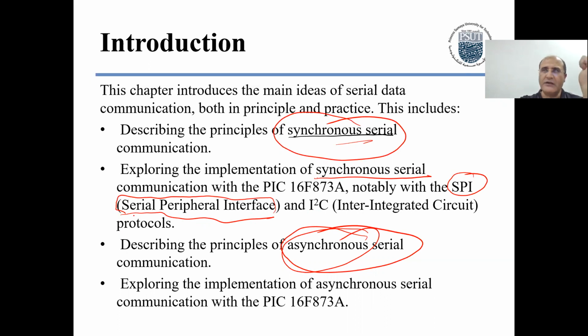National Instruments also invented almost the same protocol at almost the same time, but they called it the Microwire protocol. There is another protocol called Inter-Integrated Circuit, a way to make circuits talk to each other, I2C. So you can buy a sensor or a device and communicate with it through I2C or SPI. These are called synchronous serial communication.